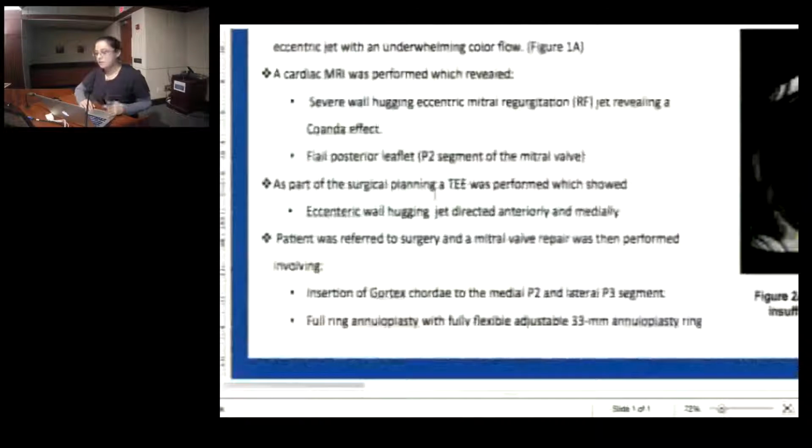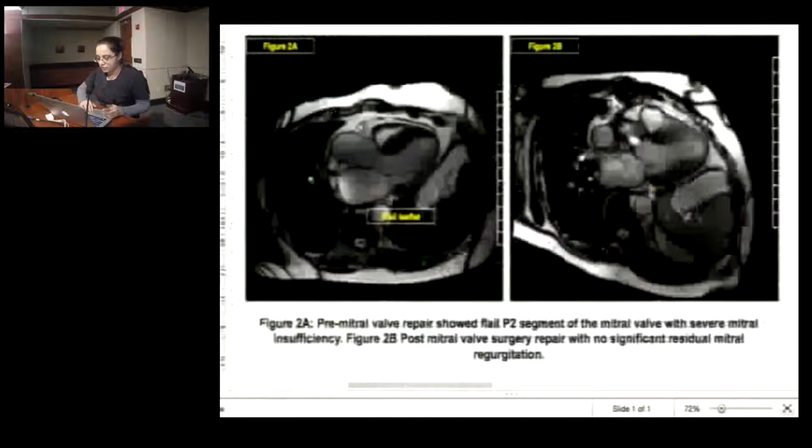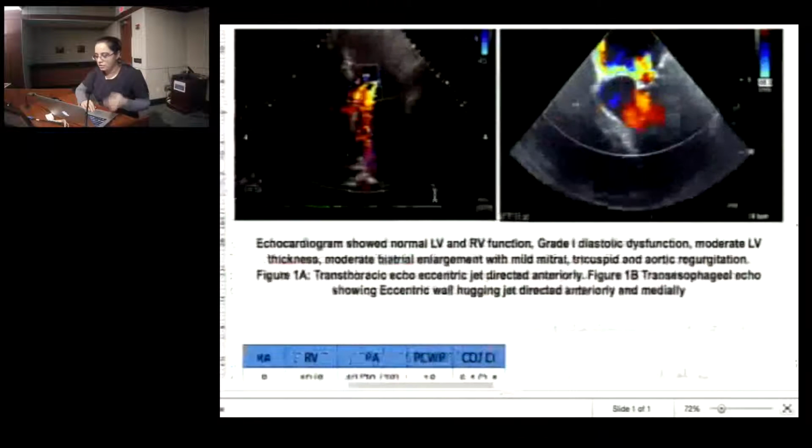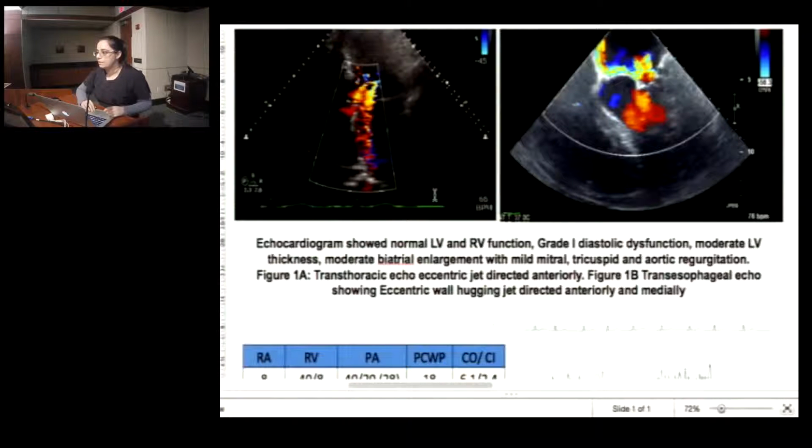Then, as part of surgical planning, a TEE was also performed, which showed this really eccentric wall-hugging jet, which is what the title of my presentation is about, a Coanda effect. If you have an eccentric jet, through hydrodynamic effects it can cause a wall-hugging jet that can make the actual MR jet look very trivial on the transthoracic echo.